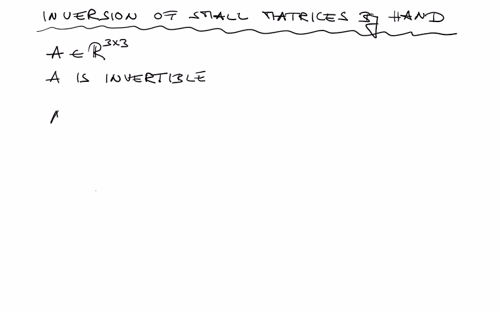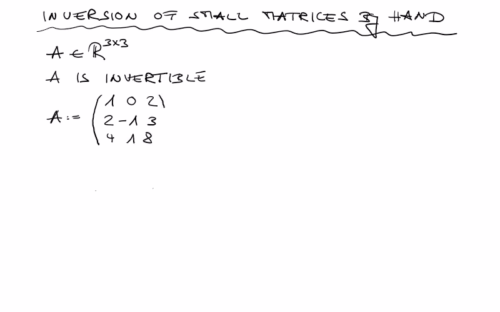So our matrix A that we want to invert is this matrix. In the first row we have 1, 0, 2, then 2, -1, 3, and 4, 1, 8.